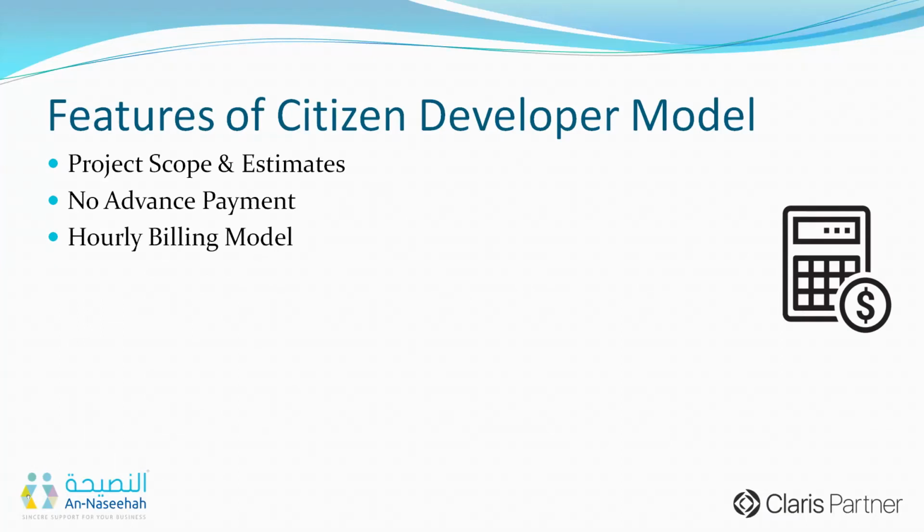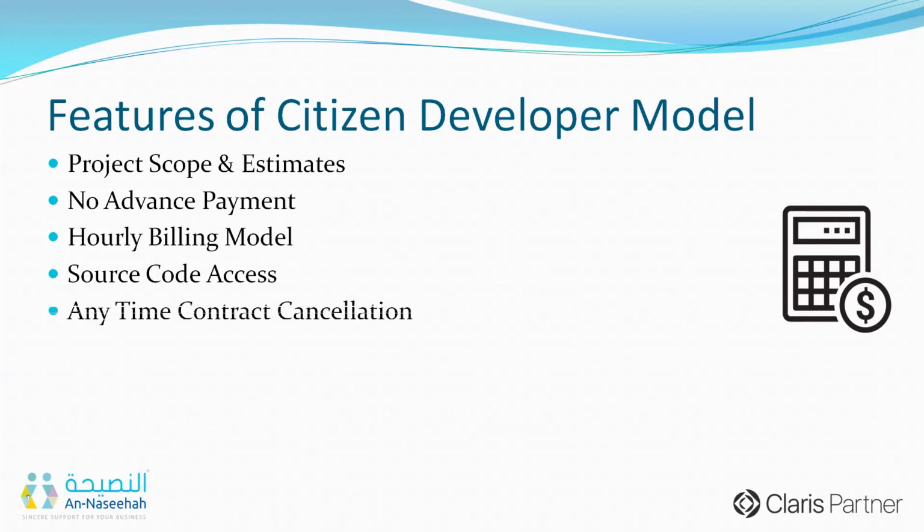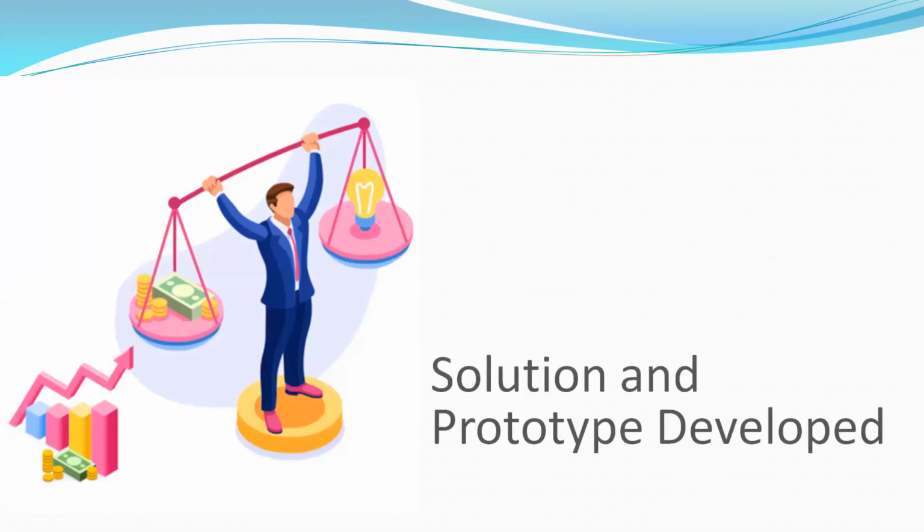If it exceeds, it is billed with a reason why it was exceeded, but the client's approval is required for that. With all solutions, the client has access to the source code. And if the client wants to cancel at any time in the middle, or pause it for whatever reasons, it could be the budget, and restart the project next month or later, they have the option to do that.